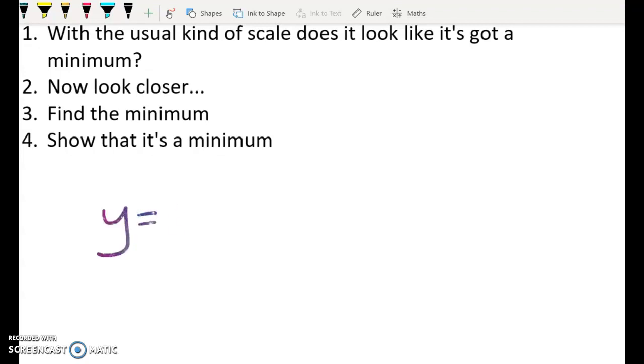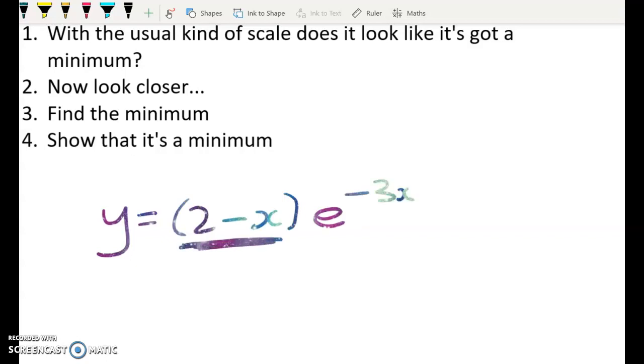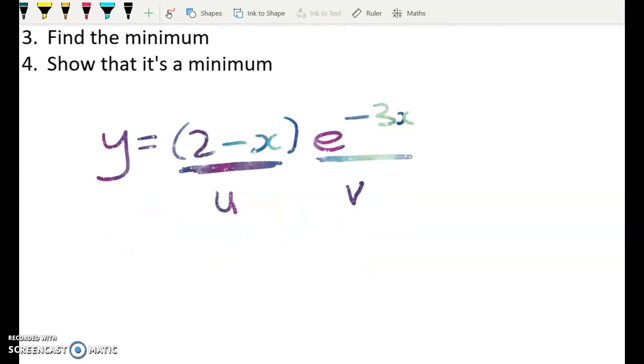So we've got y is equal to (2 minus x) times e to the negative 3x. So this is a function of x, and this is a function of x. So I'm dealing with a product. I could write this as u times v. Now, if you're in my class, we've got to the point already where we're not doing it the slow way with the u and v. But for other people watching, I am going to do that.